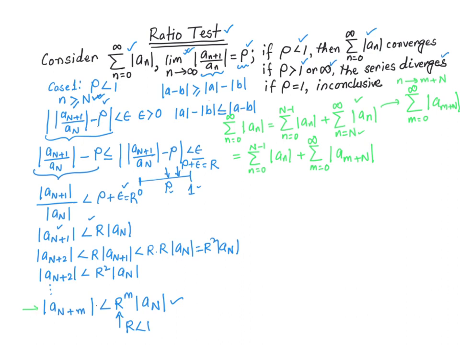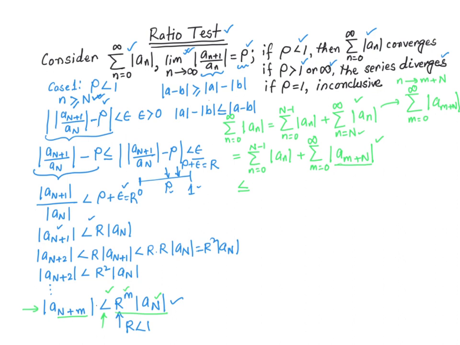Now, here is the key part that you want to pay attention to. This absolute value of a sub n plus m, which is the same thing as this, is strictly less than r to the power m times the absolute value of a sub capital N. If that is the case, I could just replace this value by this, which is going to make it an inequality of this format. So it is going to be less than, to be precise, but I'll make it less than or equal to.